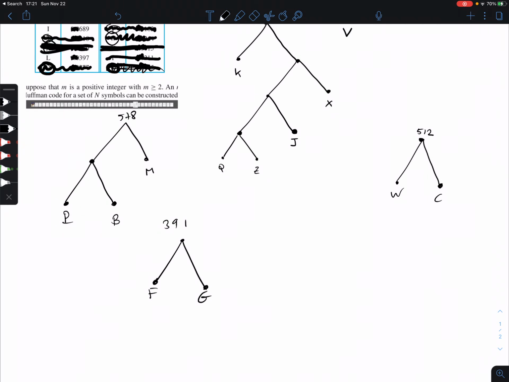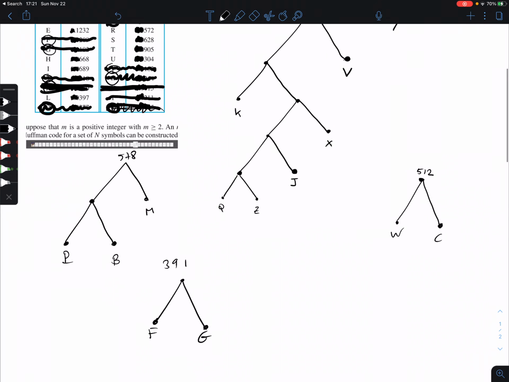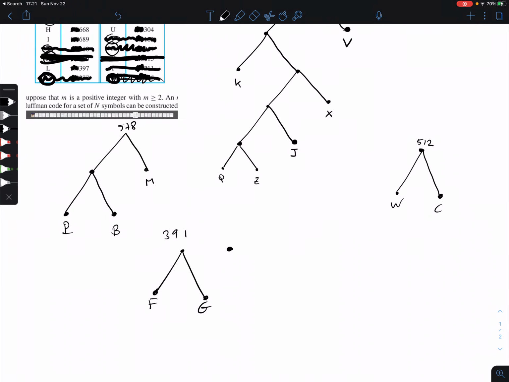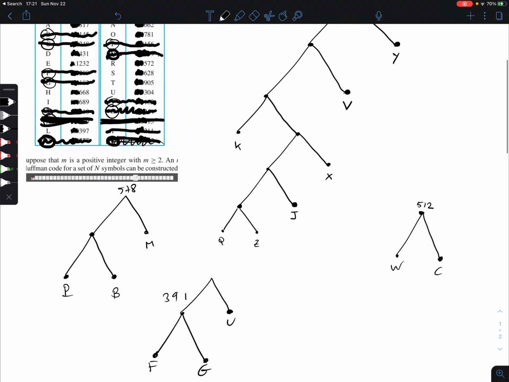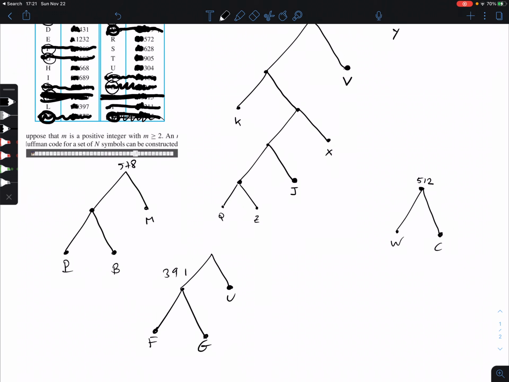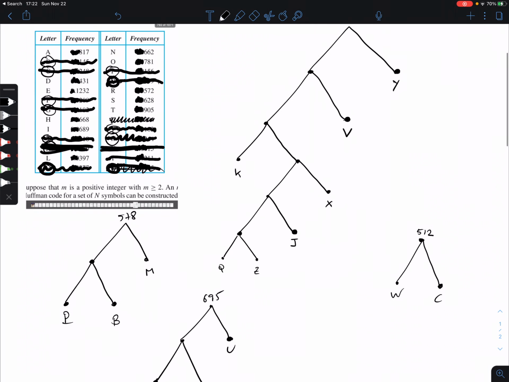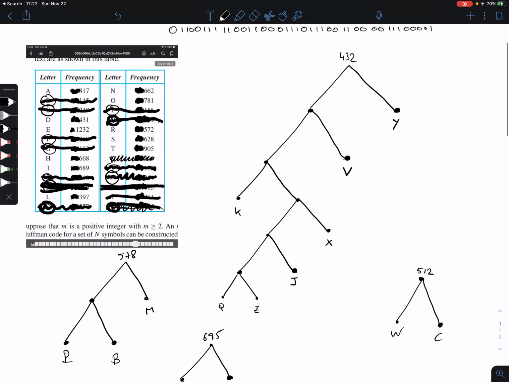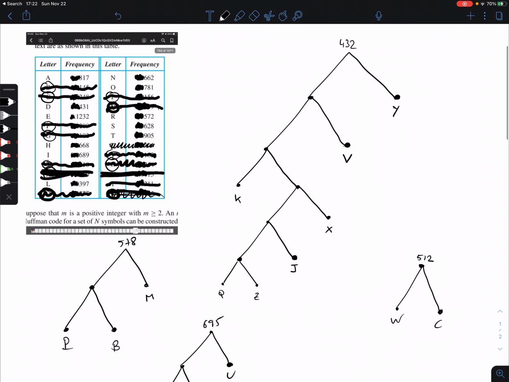Okay, and U, what is U? 304, well that's less. So this is where U will go. Okay, so we have 391 together with 304, so that is 695. Let's get rid of this 391. Next, we still have this L, and that's the only one in the 300 range left, and then we look for the 400 range.